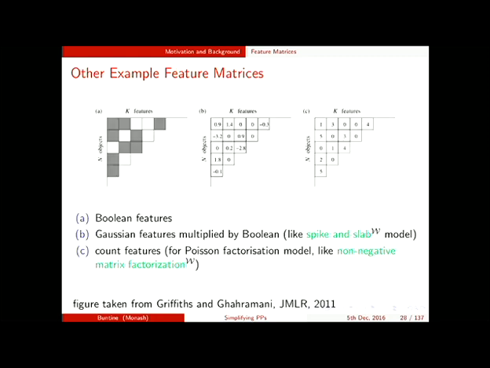So other versions, the counts, where you've got the zeros. Some people will also use the Boolean, and when it's non-zero they add a weight to it, so they generate a Gaussian or something, and this would then be an input matrix for a neural network. So you've got these different combinations.